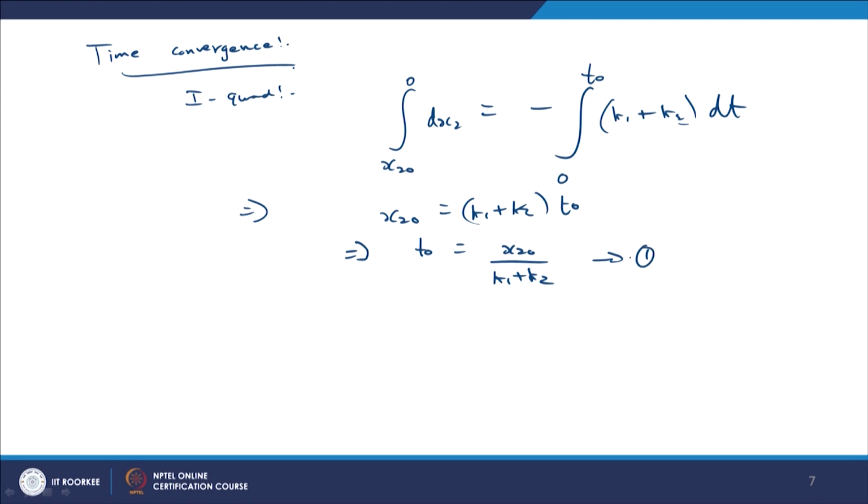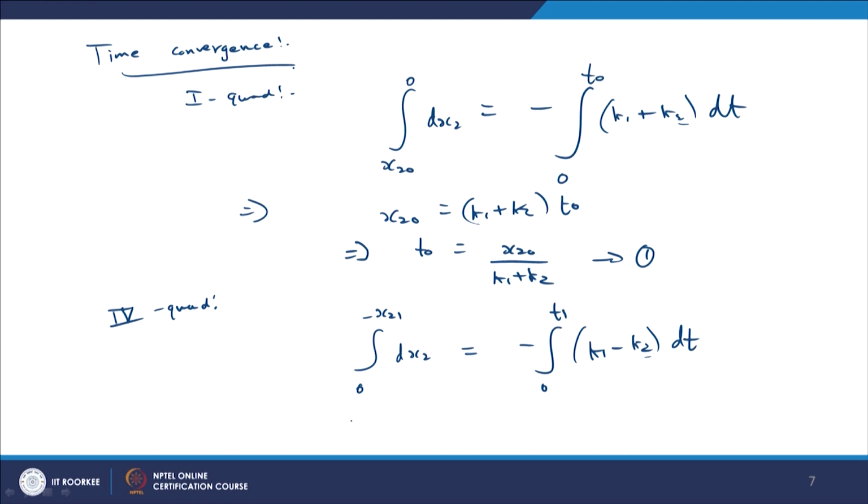In quadrant 4, we have the limits varying from 0 to minus x21 for dx2, which is equal to minus integral from 0 to t1 of (k1 minus k2) dt, because of the signs of the variables x1 and x2.